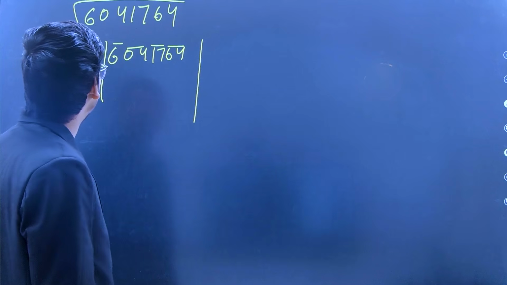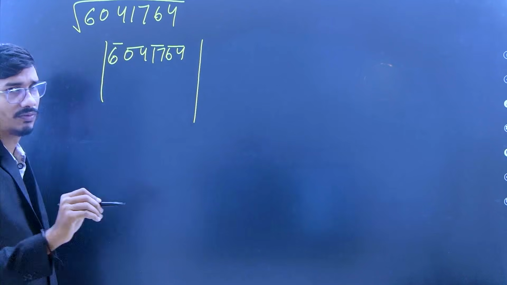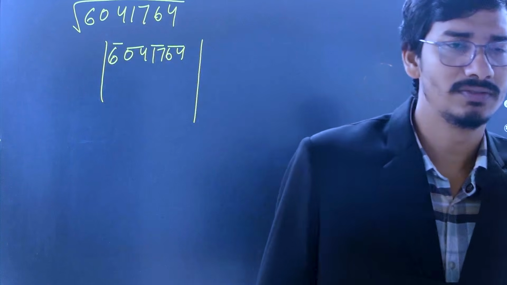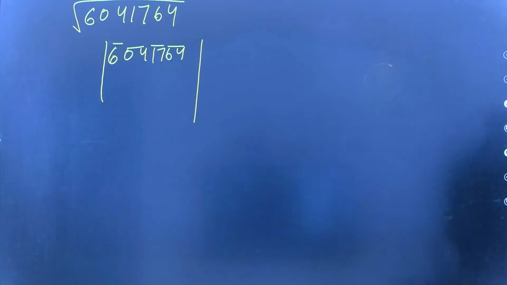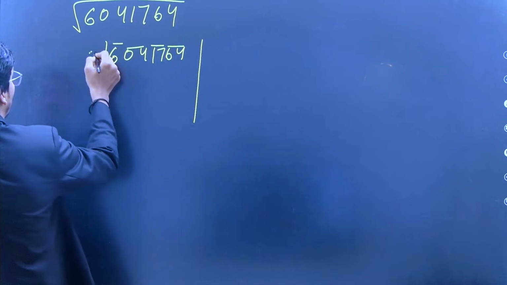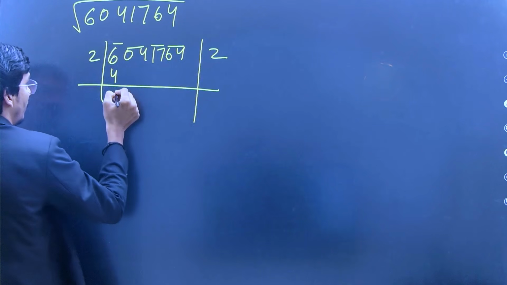First, beta, what is the number whose square is less than or equal to 6? Yes, 2. So we'll take 2. 2 into 2 is 4, 6 minus 4 is 2.